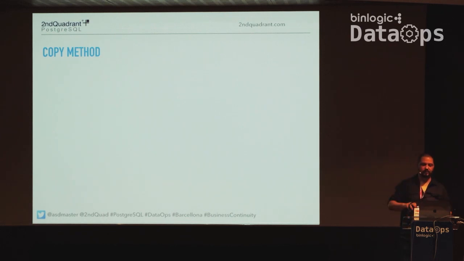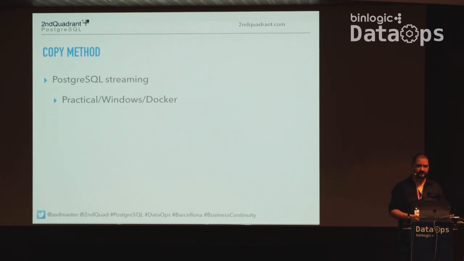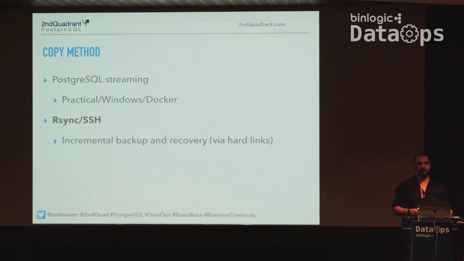Sorry for the digression. Barman offers two copy methods. One is based on the Postgres streaming technology, which is extremely practical when we talk about servers on Windows, servers on Docker, or when you don't want to use the SSH tunnel that we use for rsync copy. Or we have the rsync-based copy, which has different advantages because we can use incremental backup and recovery using hard links technology from Linux.